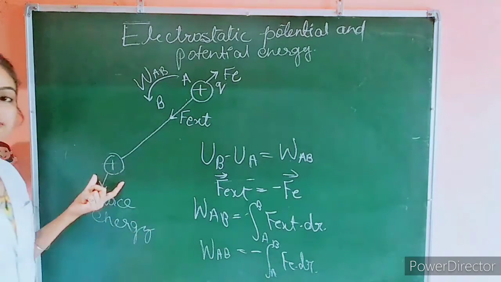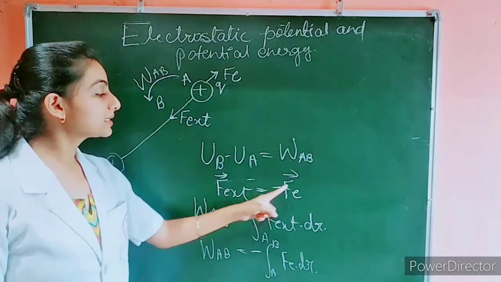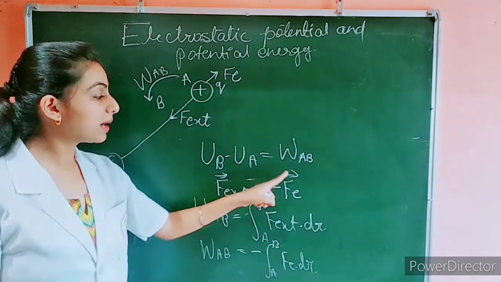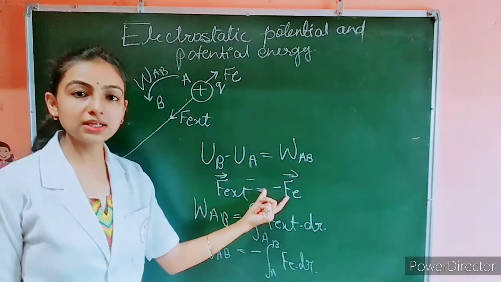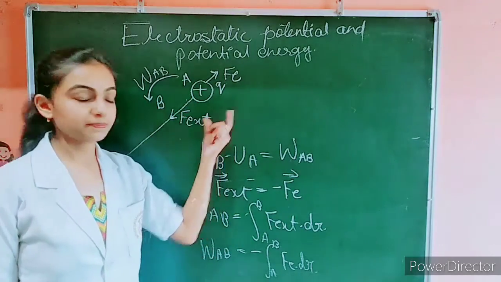Due to this positive charge, some electrostatic force will be generated, that is Fe, the electrostatic force. Now this is in the opposite direction, so the negative sign indicates that it is in the negative or opposite direction.